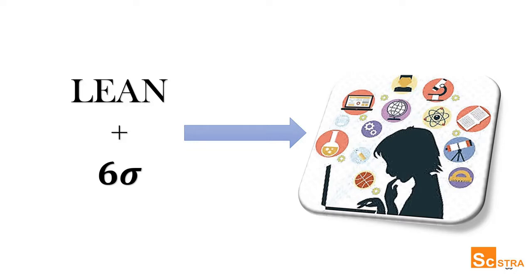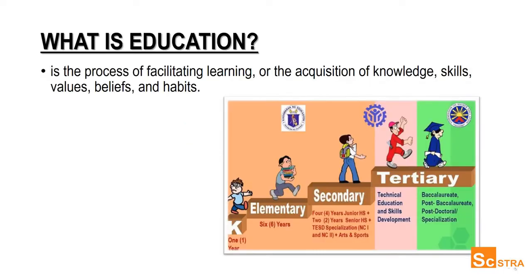But before everything else, let us first define education. It is the process of facilitating learning or the acquisition of knowledge, skills, values, beliefs, and habits. Education can take place in formal or informal setting.